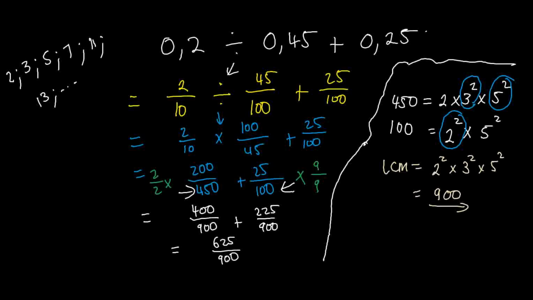And that is the amount that we currently have. And now we can simplify that. So when you simplify that, it's equal to 25 over 36, right? So that is the value that I have.